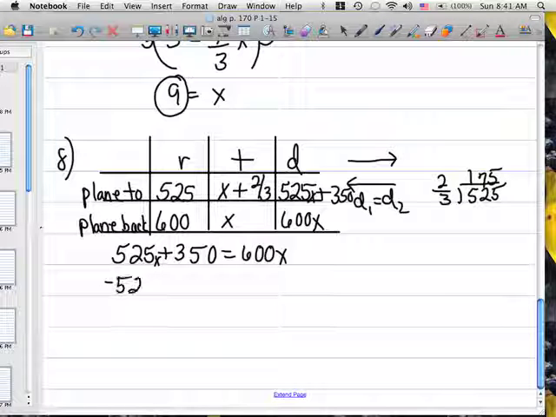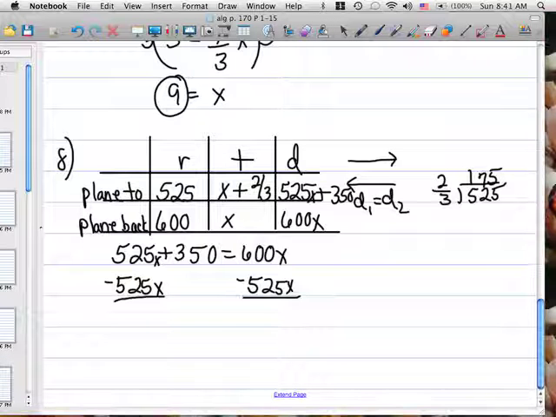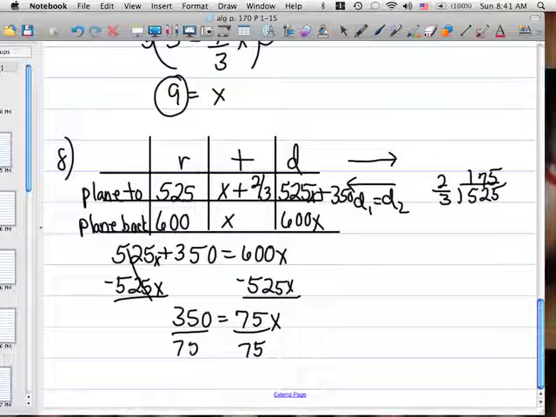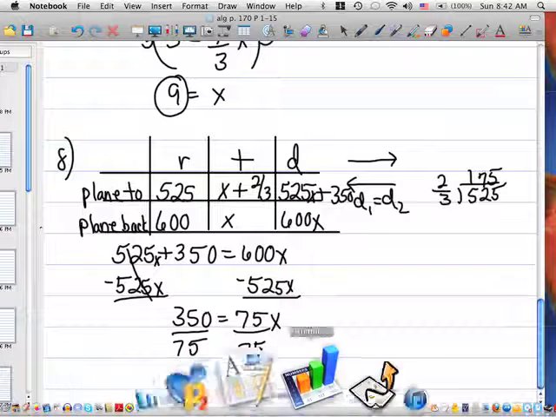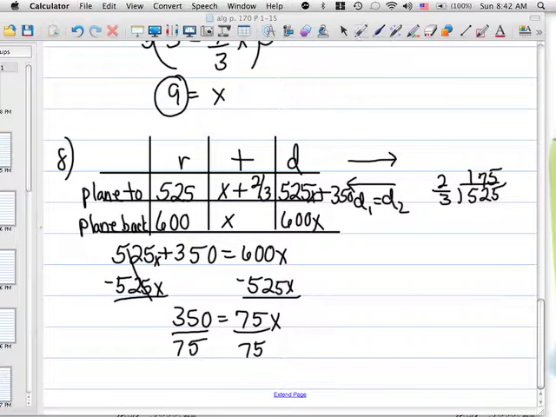Getting the variable on one side, since 600x is by itself, we want to move the 525x over there. So we get 350 equals 75x. Divide both sides by 75. And 350 divided by 75, I can't think right at the moment, so I'm going to get my calculator out.